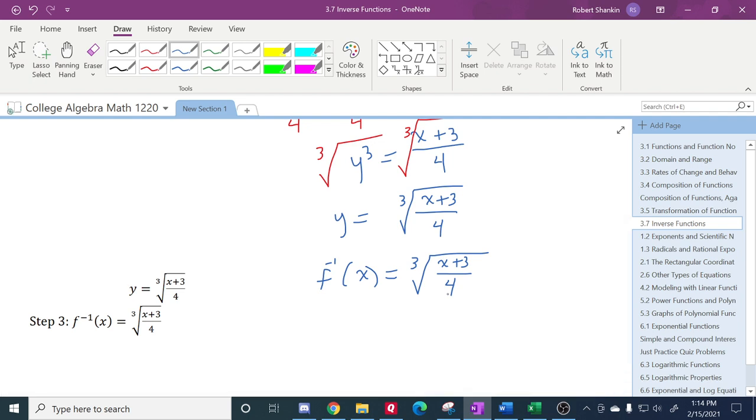All right, now, without looking at your notes, see if you can write down the 3 steps. The foolproof procedure for finding an inverse function. Write down, from memory if you can, what the 3 steps are.